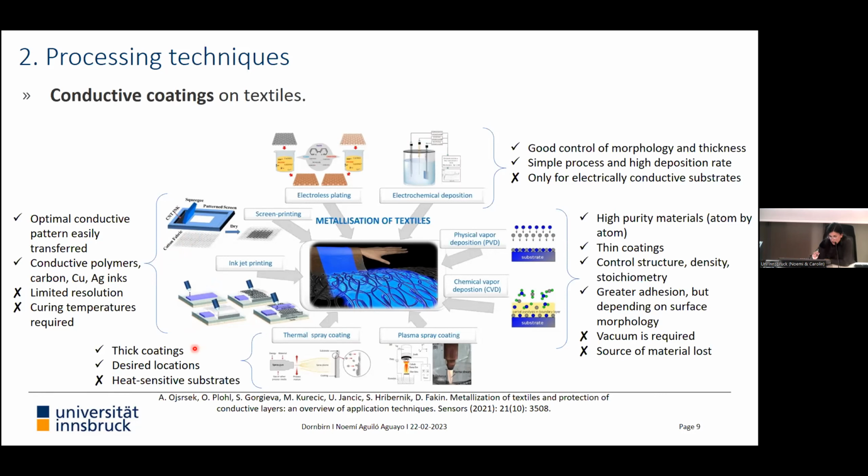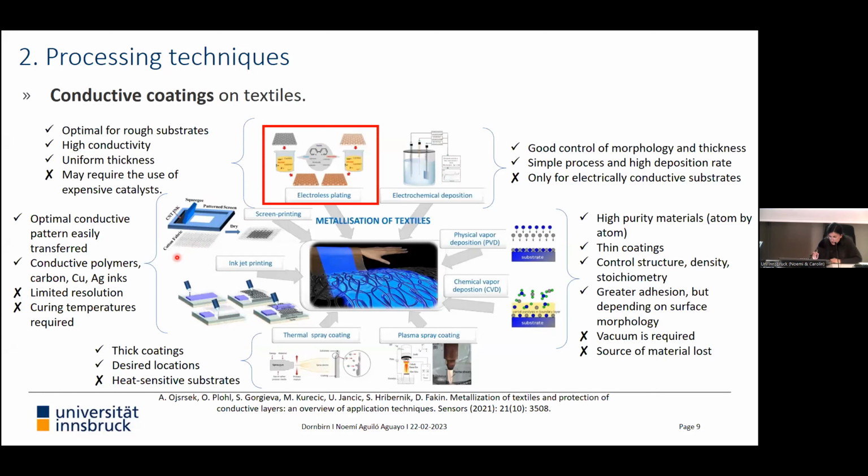For this you need temperature, and this will also be a problem depending on your substrate. You also have the problem of the resolution of your pattern. The resolution is limited to some micrometers.